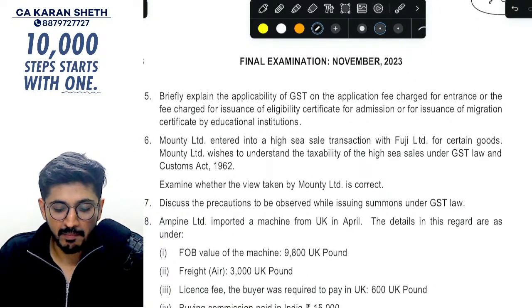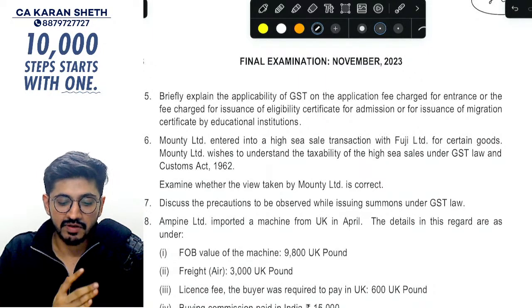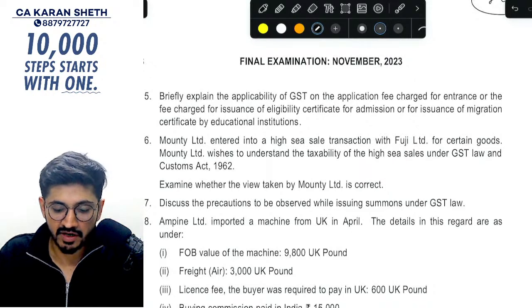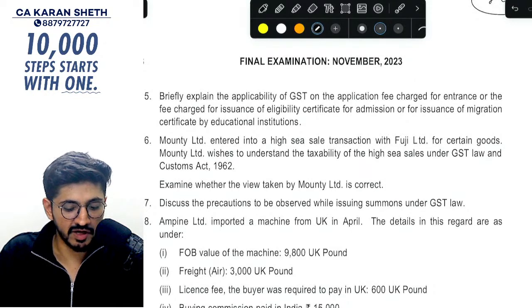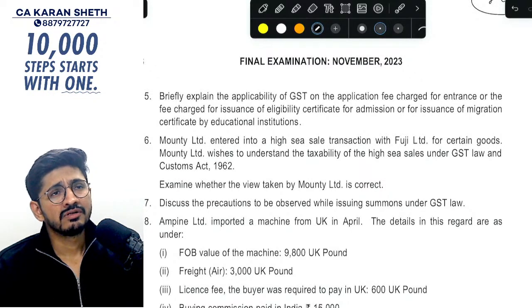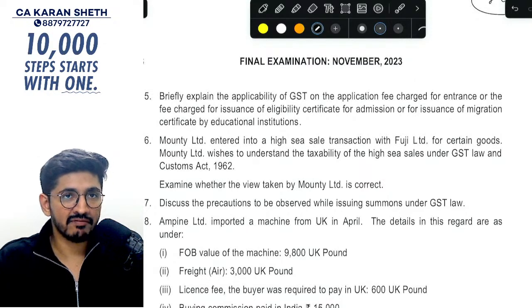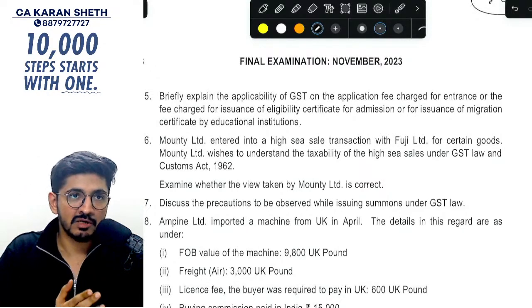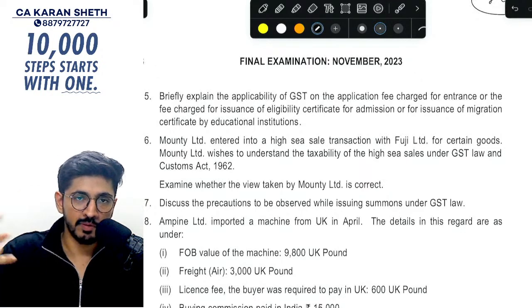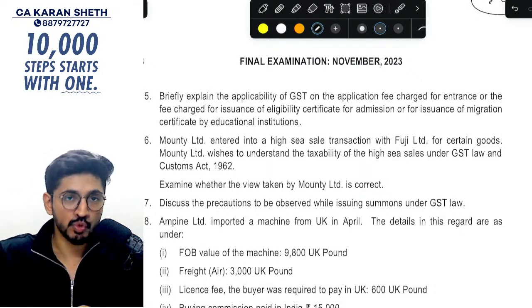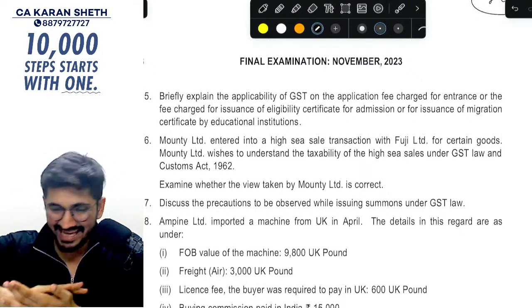Briefly explain the applicability of GST on application fee charged for entrance fee with respect to issue of eligibility certificate for admission or issuance of migration certificate by education institutions. So I've already spoken about this, that understand, education institution, if they give service to 3 people, one is to their current students, faculty or staff, exempt.